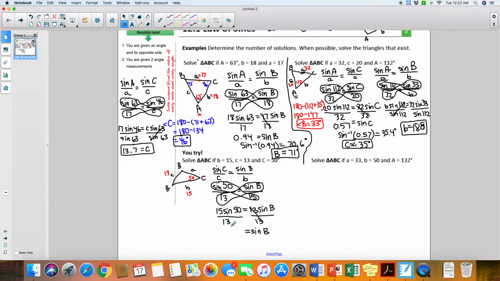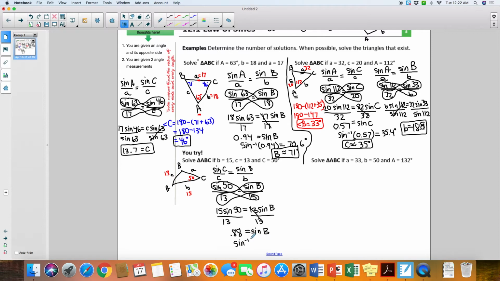Right, I would have typed all of this into the calculator, making sure to put the 15 sine 50 in parentheses, divided by 13. And you would have gotten 0.88. Right, and then the last step would have been to inverse sine.